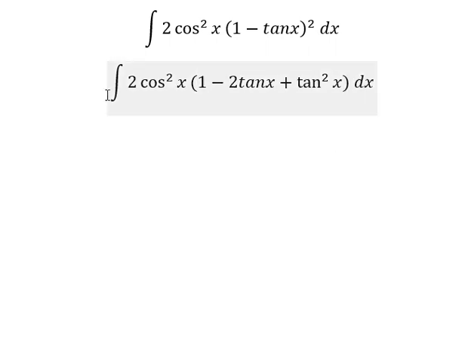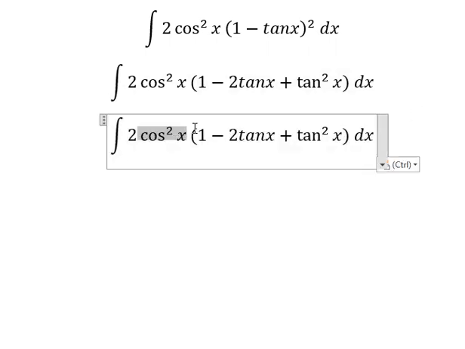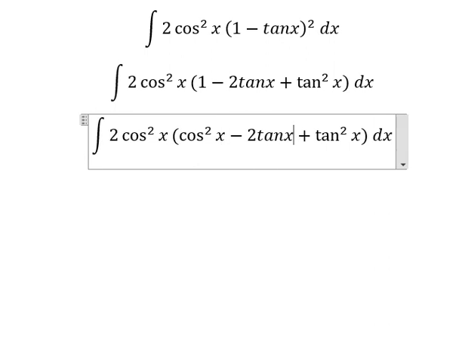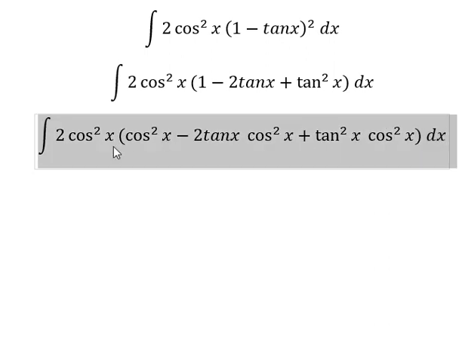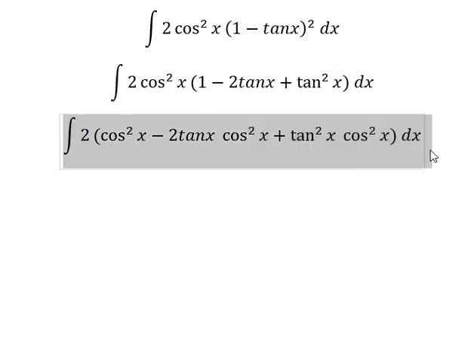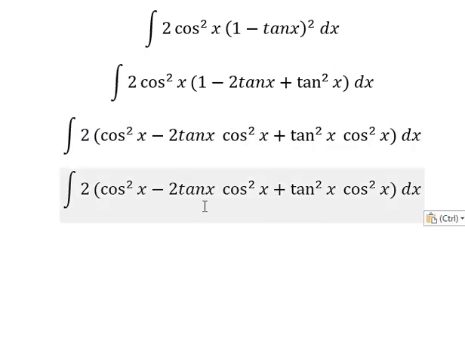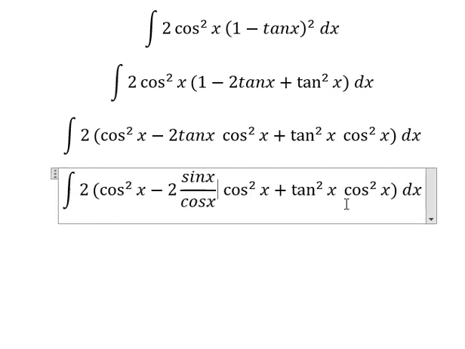Next, cosine x squared multiplied by number 1 plus tan x and tan x squared. So we know that tan x is sine x over cosine x.